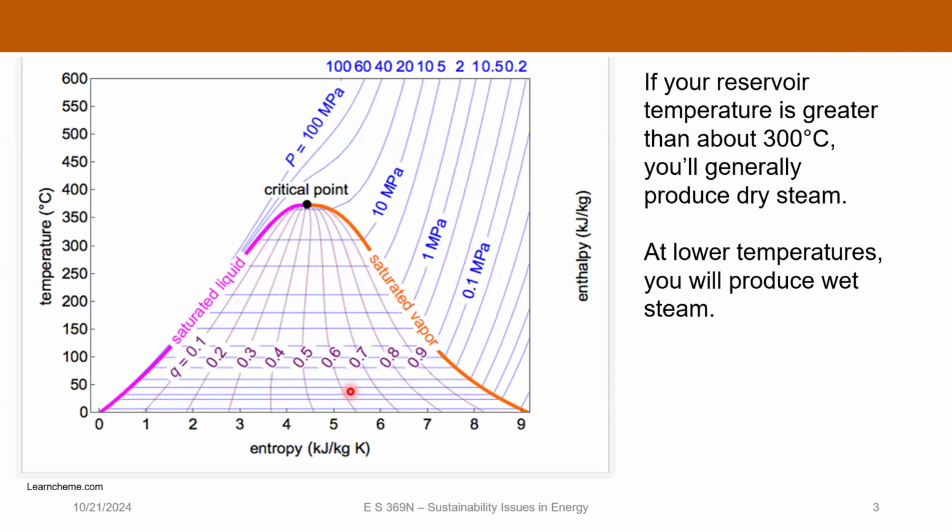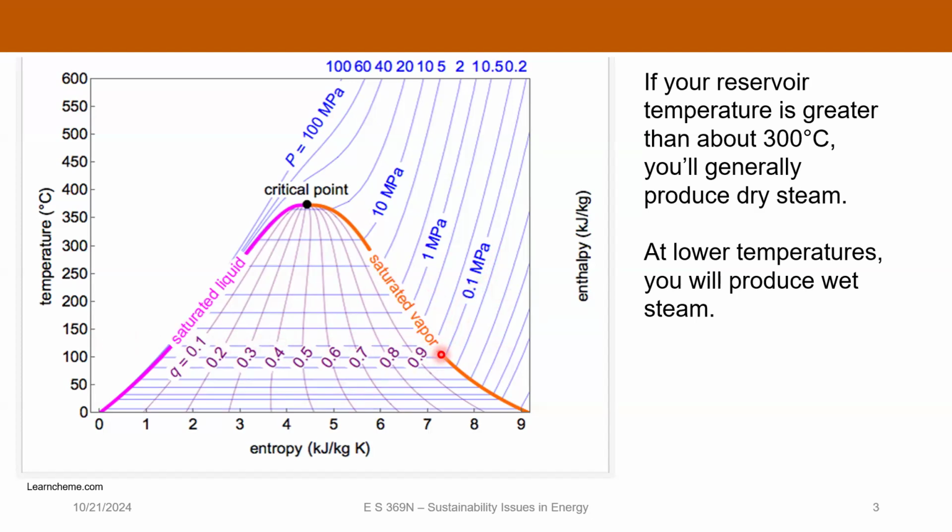So here's our 1 atmosphere line, which is 0.1 MPa. You can see that 1 atmosphere intersects the phase envelope somewhere around 120 degrees Celsius. So you want your fluid to be coming to the surface at 120 degrees C.